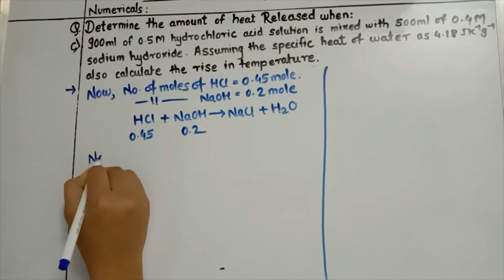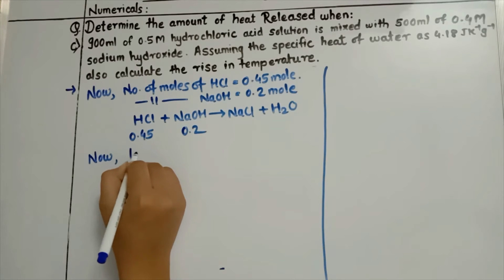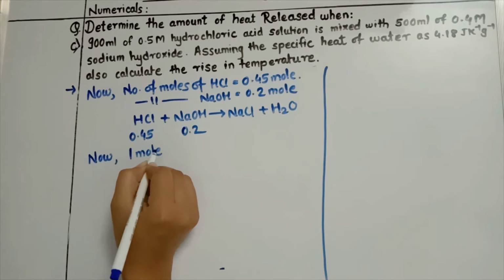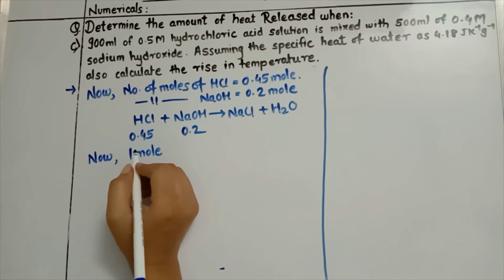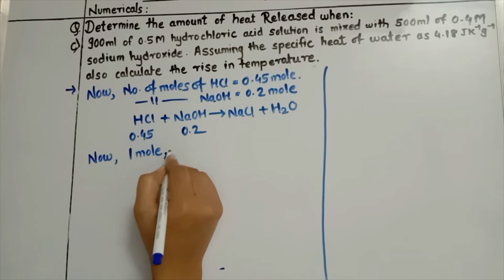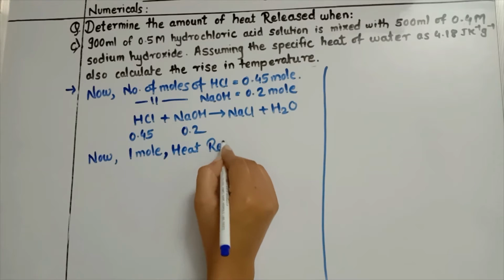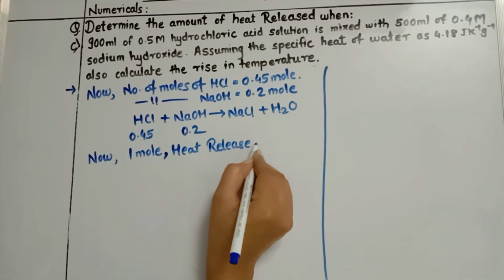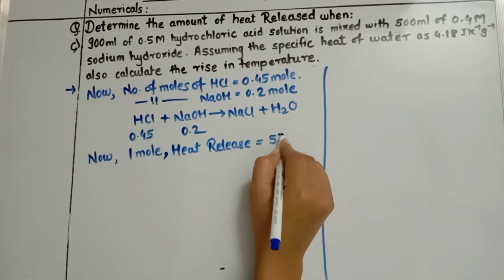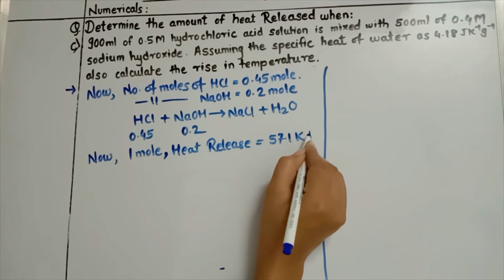Now, when 1 mole of strong acid is neutralized by 1 mole of strong base, heat released is equal to 57.1 kilojoule.